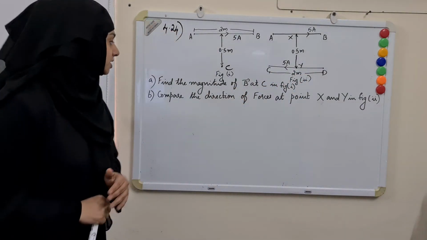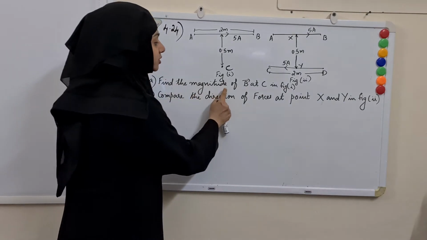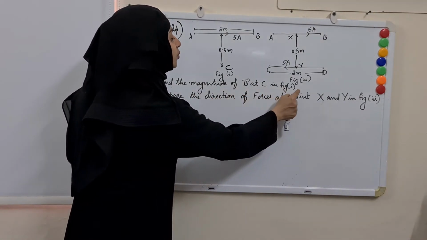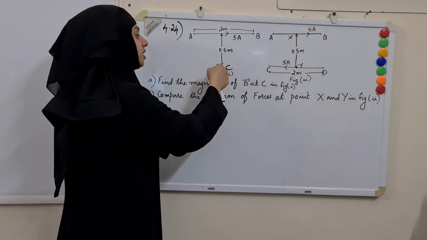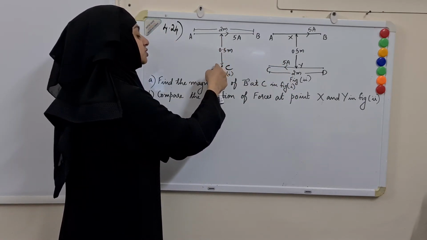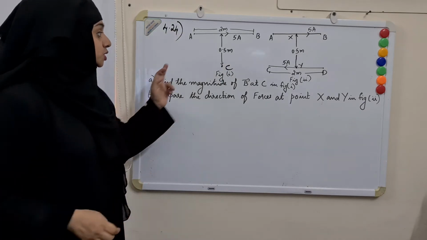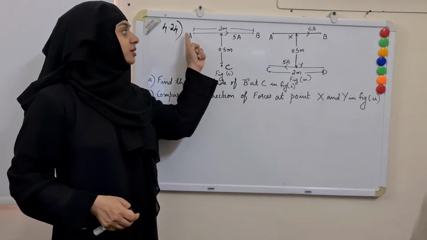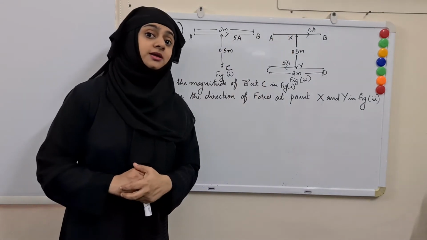Let us see the question. Find the magnitude of magnetic field at C in figure 1. So here we have to find the magnitude of magnetic field. C is at a distance from a straight wire carrying current.